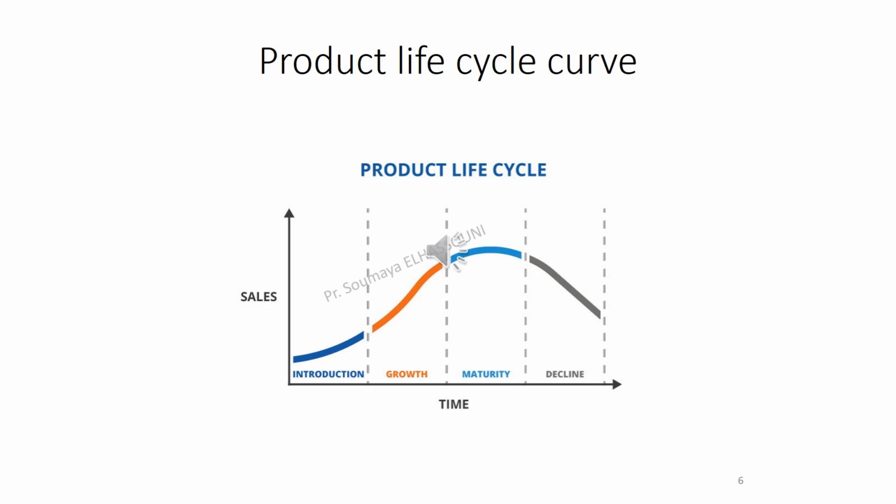But sometimes the product will decline, which is the last stage, because sometimes you cannot avoid that the product becomes outdated, or there are new technologies and the product is replaced by newer solutions. So in this situation, the company will be forced to quit and abandon the product.